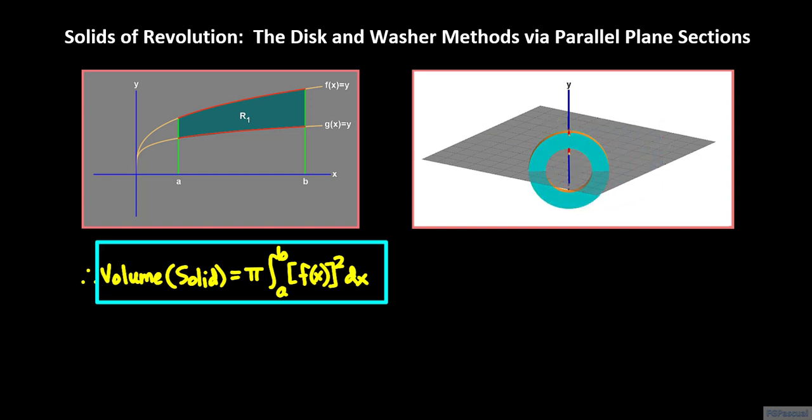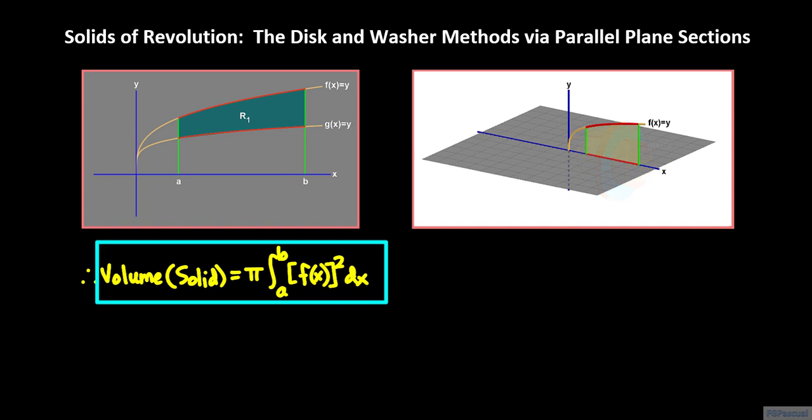Hence the term the washer method. By rotating the graph of g around the x-axis, the graph of g generates the outer lateral side of the hollow in the solid.